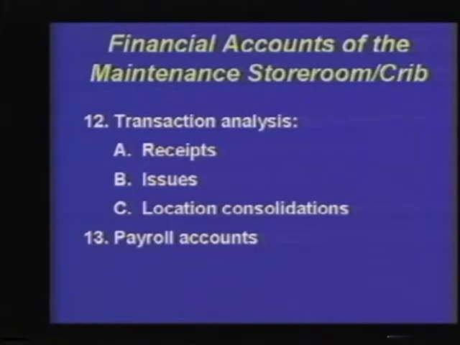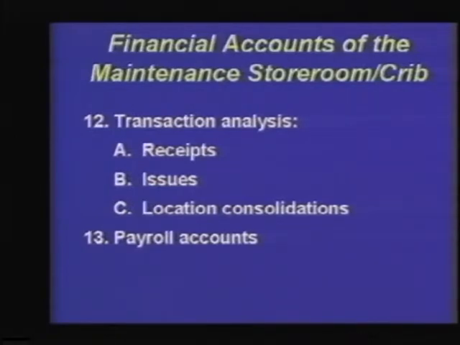Then 13 would be all of the payroll accounts. That could be total payroll for the entire storeroom, and then we could separate that into functional requirements, like people that are in the receiving inspection, order filling, those that may support shipping, and likewise cycle counting on a full-time basis.